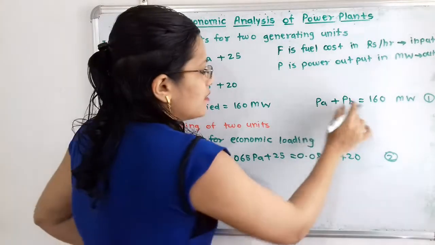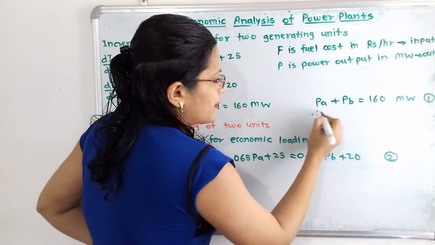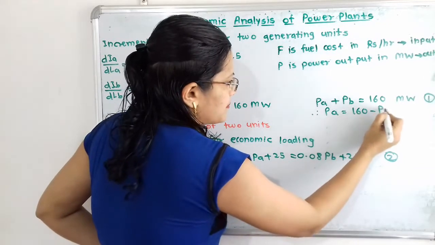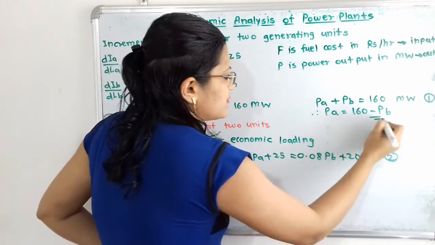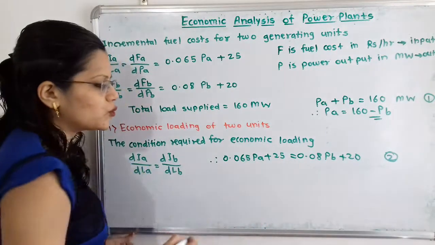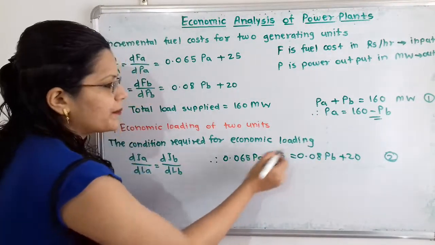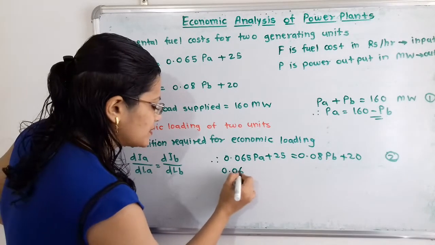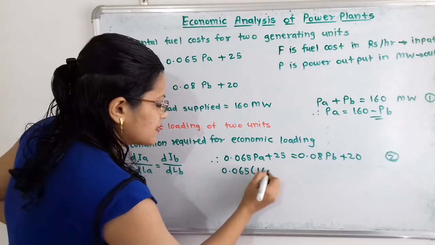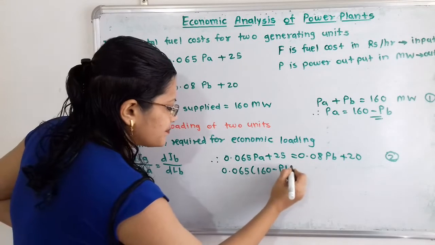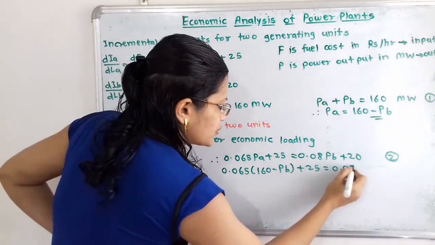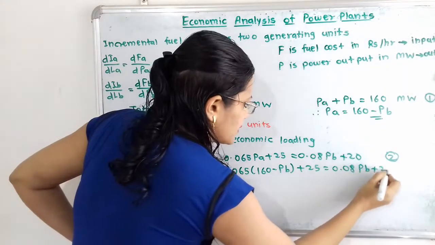So what is the value of PA? PA is equal to 160 minus PB, and I will put this value in equation number 2. So instead of PA I will write 160 minus PB: 0.065 times (160 minus PB) plus 25 is equal to 0.08 PB plus 20.